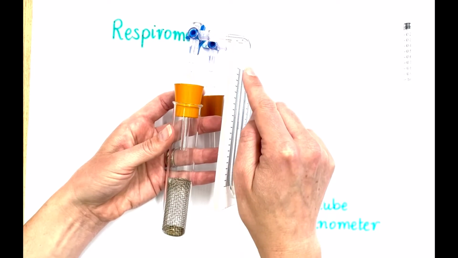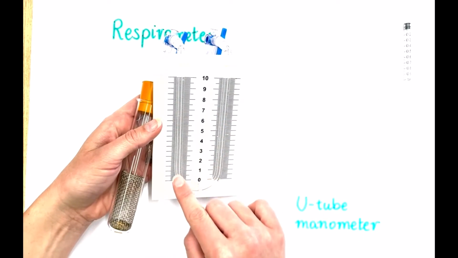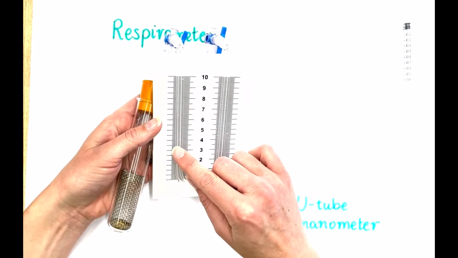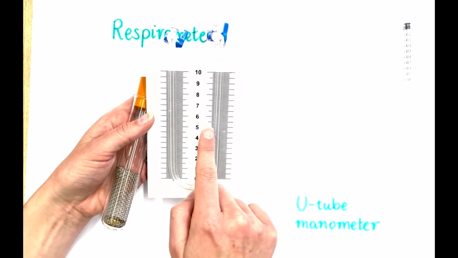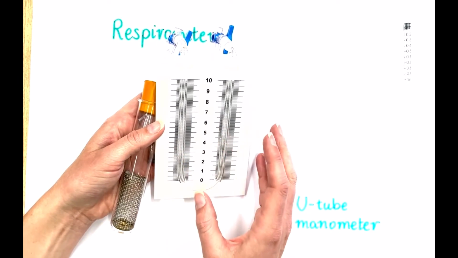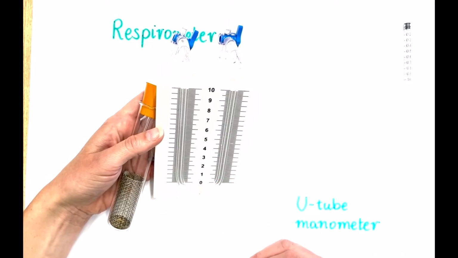The air is going to be sort of sucked in here, if you like, which means if there's a little bit of liquid inside this tube, that's going to be pulled along too, and we can actually record the change that occurs. So that's the principle behind a respirometer, and I might draw that as well so we can talk through it a little bit more.